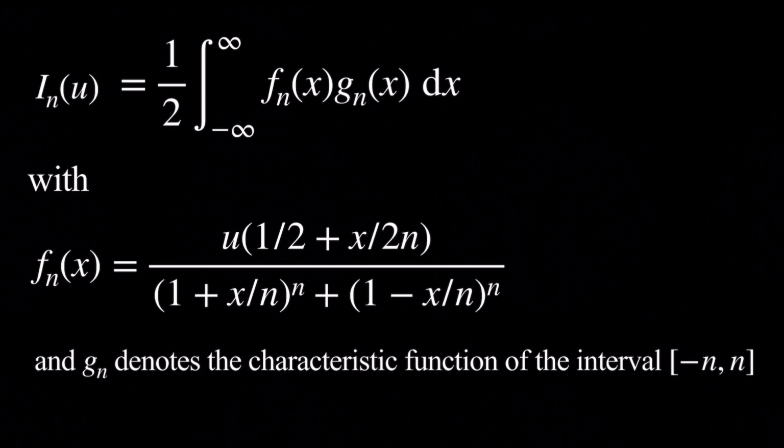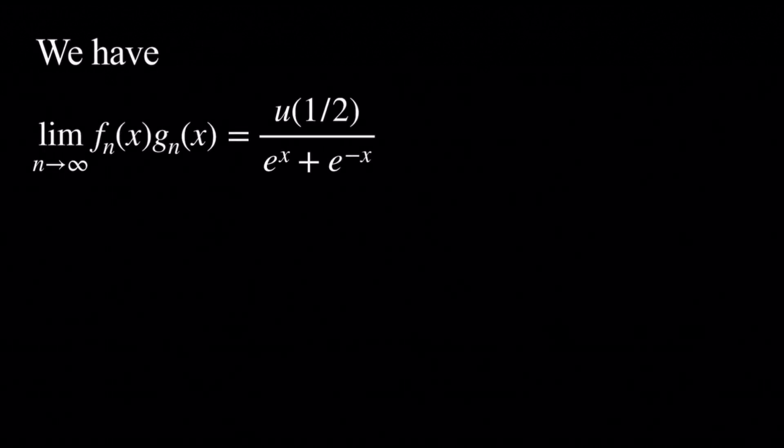Okay, so now we want to gather all the ingredients in order to apply the dominated convergence theorem. First of all, we are going to compute the pointwise limit of f_n(x) times g_n(x). Because u is a continuous function, we can compute the limit of 1/2 of u(1/2 + x/n) as n goes to infinity, and we're going to get exactly u(1/2).